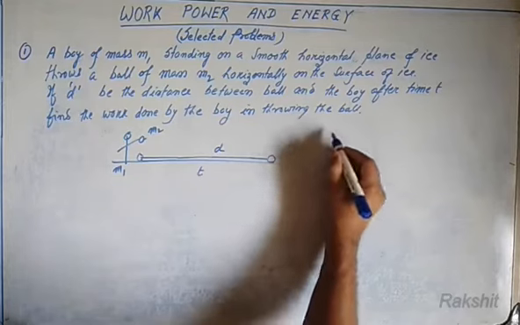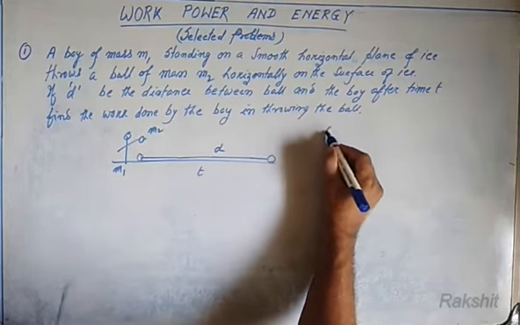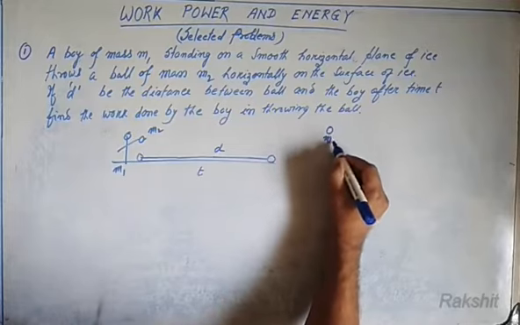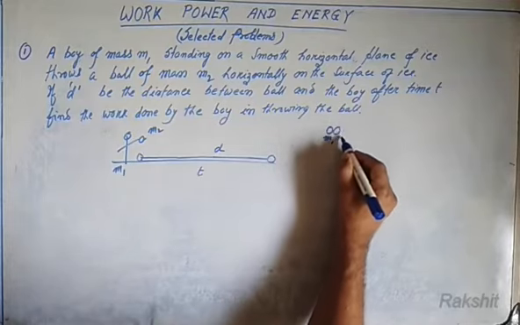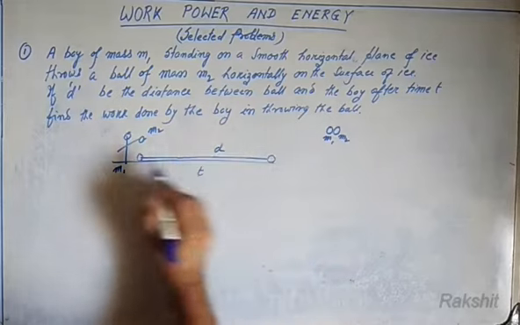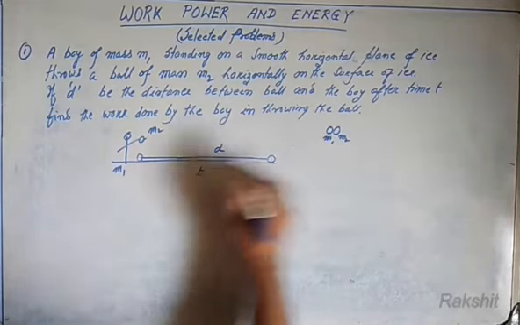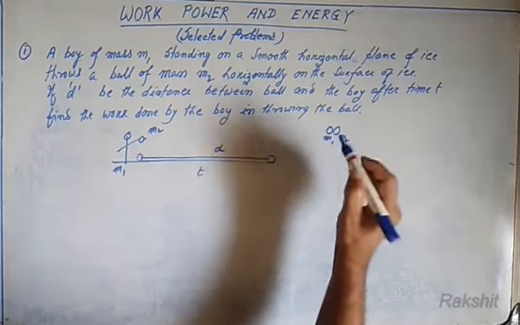We know, there are two bodies, m1 and m2. Before throwing, the total momentum of the two bodies is equal to 0 because the boy is at rest and the ball is also at rest.